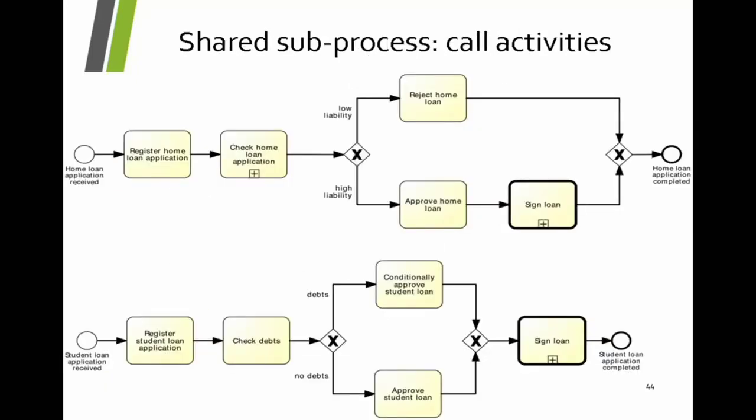What I first want to explain, so I will come back to slides 43 and 42, is reusable sub-processes, or to be exact, shared sub-processes. That's the term that is used in BPMN. Shared sub-processes are sub-processes that can be used across different parent processes.